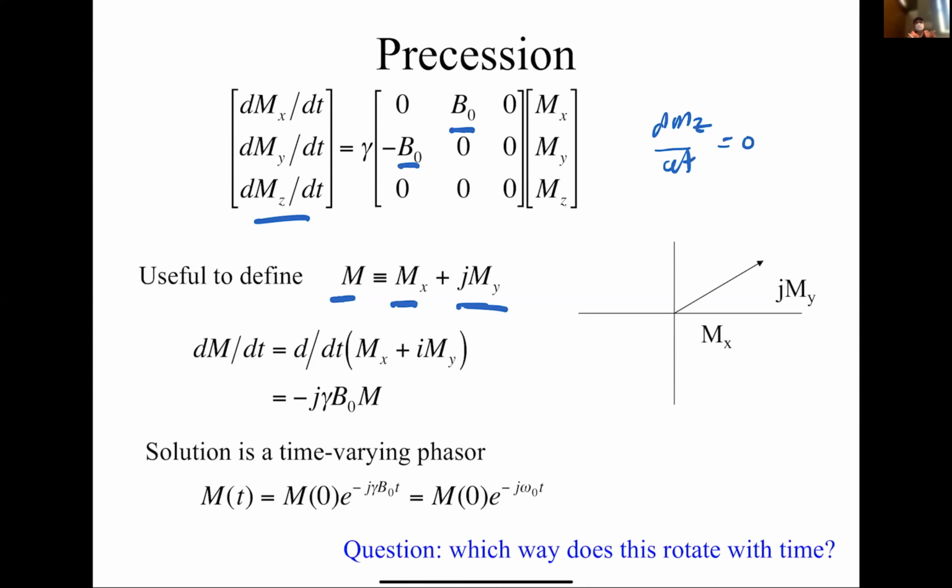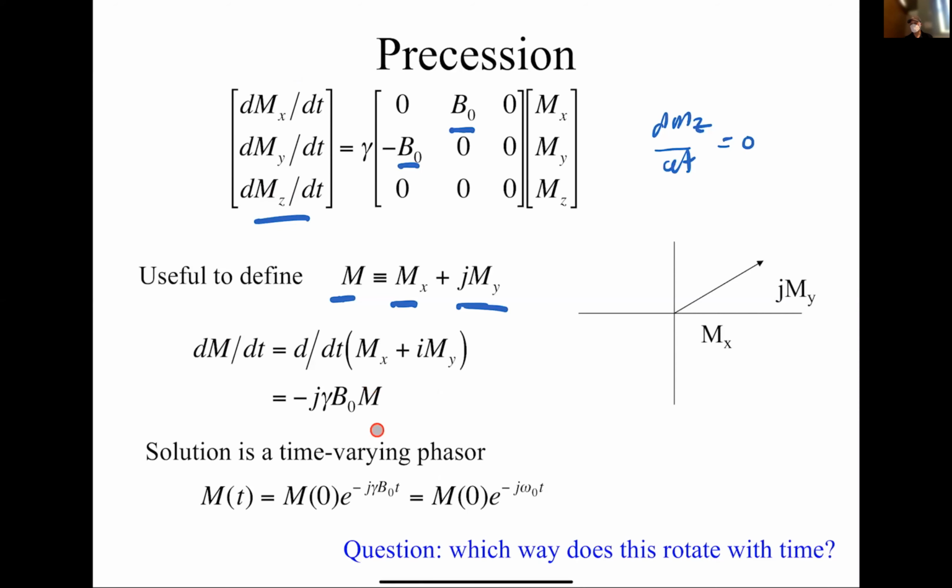If you plug that into this equation, you can rewrite it as dM/dt equals minus j gamma B0 M, where this M is that complex number.